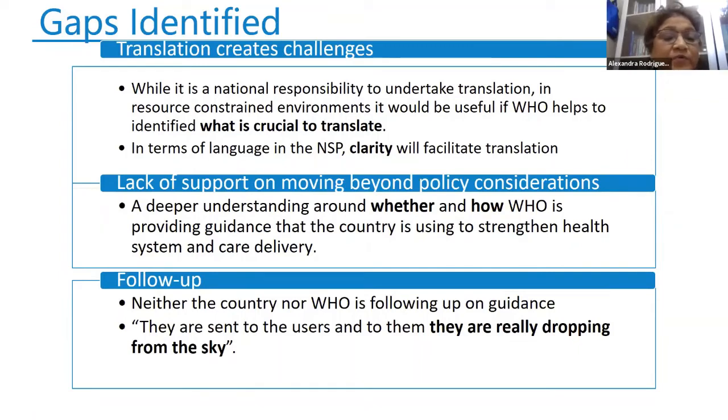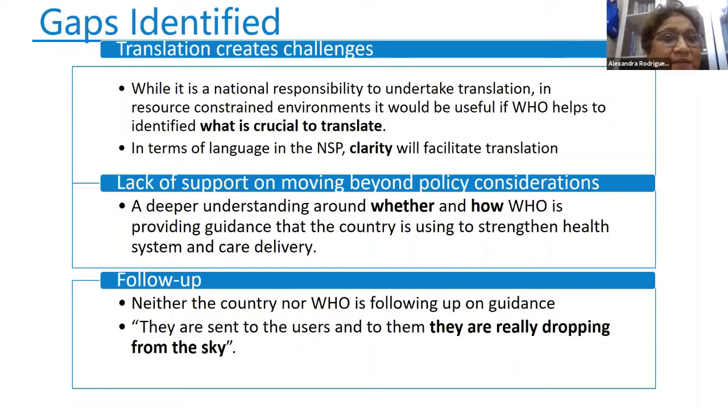The lack of support on moving beyond policy considerations. In a few words, it means we need monitoring, because we didn't find this in the process.